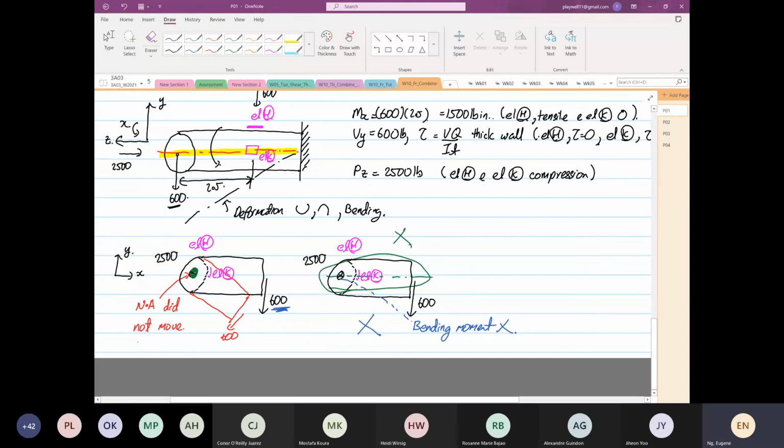However, twisting occurs. It's rotating. Twisting occurs. So when this is the case, you know that over here, so this is X, Y, Z, you have a torsion in the Z direction.